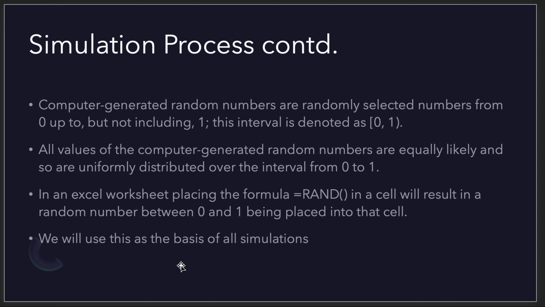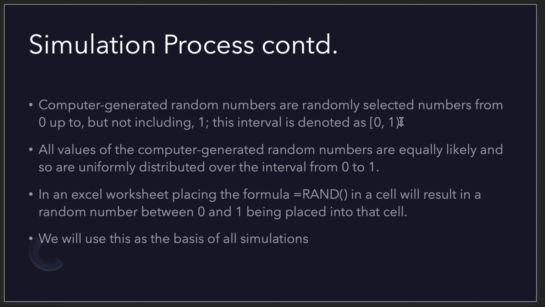Now, the other part of the simulation process is the simulations itself. Usually what we do is we generate random numbers, and whenever you use computers to generate random numbers, they generate random numbers between 0 and 1. All values between 0 and 1 will be equally likely, so it is basically a uniform distribution over 0, 1.